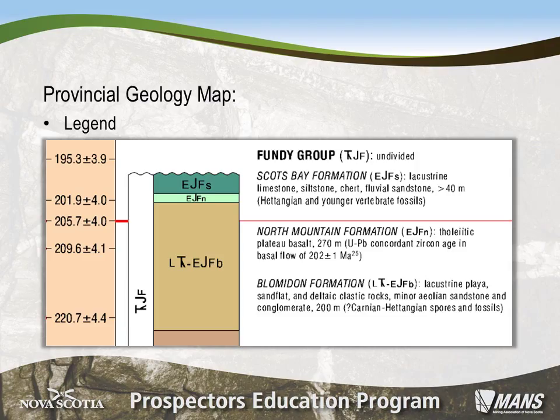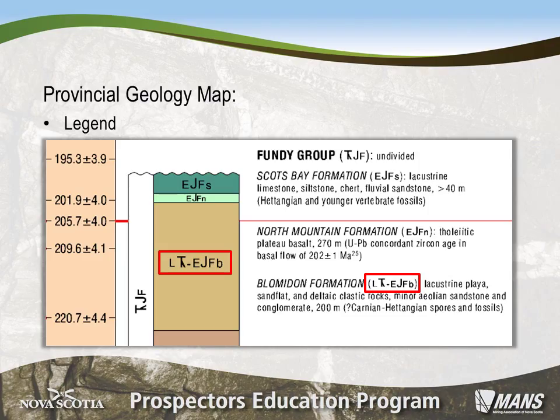The oldest units in the Blomidon Formation are about 223 million years old, and the younger units are about 202 million years old. Rock units are also coded with symbols and colors or patterns, or both, to relate rock descriptions in the legend to colors and patterns on the map.